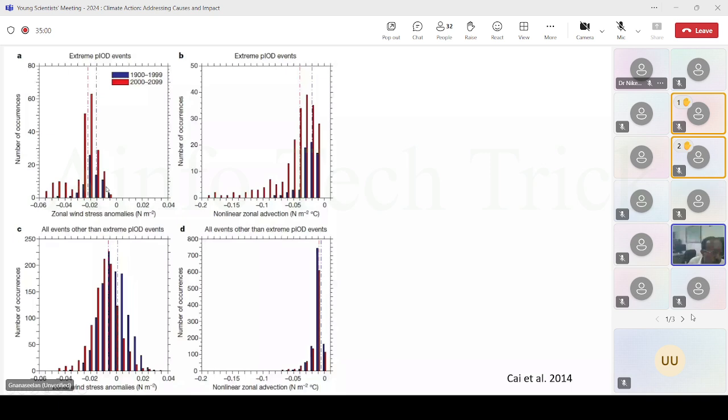So now you see the easterlies are going to be very, very strong in the future for the positive IOD, whereas in the weaker or other events except the extreme events, the change is not much. So the extreme or strong IOD events, which are projected to increase with climate change, are going to induce large changes.